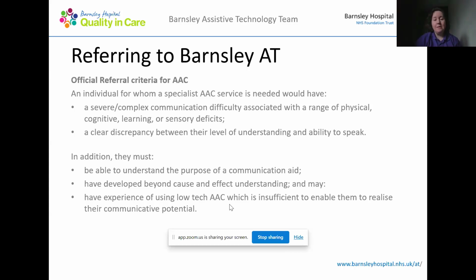But yes, it can be associated with a range of other difficulties, and a clear discrepancy between their understanding and ability to speak. So somebody, for example, understanding at single word level, or maybe struggling to understand at single word level, would not likely meet the criteria to be referred to us, because they would probably not benefit from a more complex vocabulary, we'd call it, like the amount of words in a communication aid.